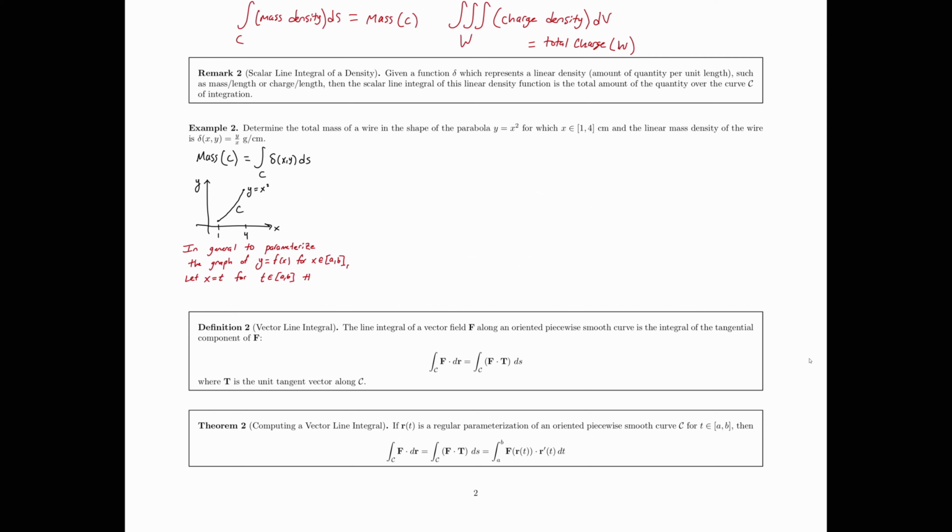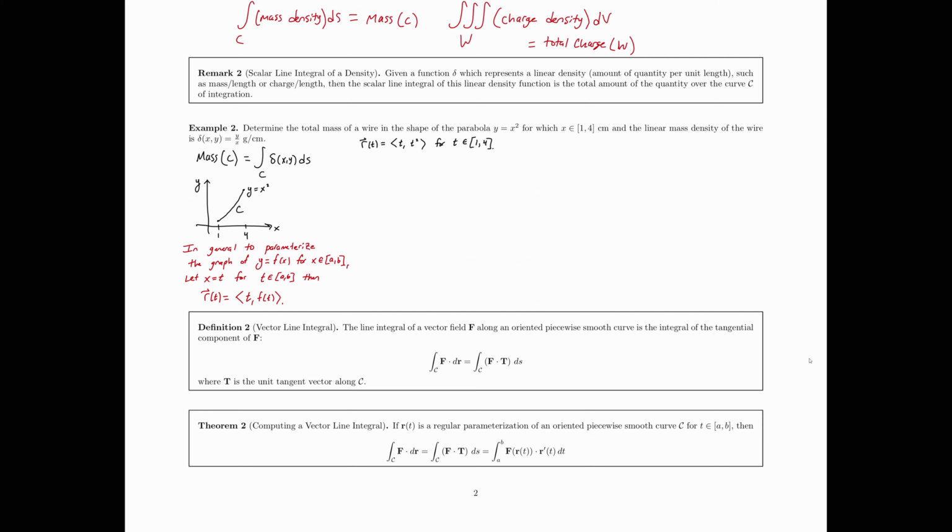Then r of t would be given by t comma f of t for a planar graph. So that's exactly what we'll do. We're going to let r of t equal t comma t squared for t between 1 and 4.